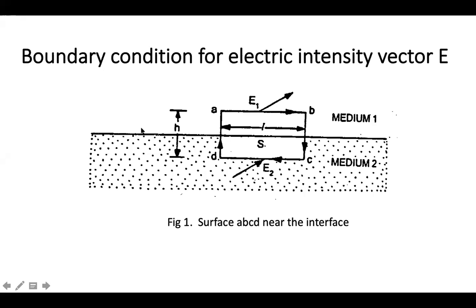And then at the interface, we tried to construct a surface with the names A, B, C, and D. So this is the interface, the dark straight line is the interface. And this ABCD surface has a height H and length L.